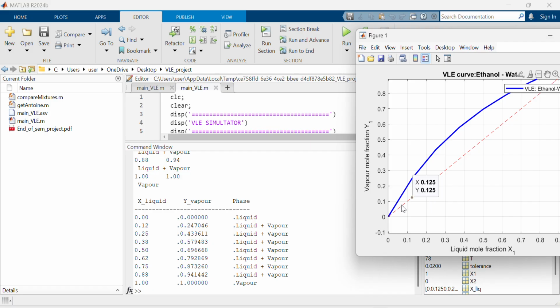Now, to conclude this, we chose this project because it combines key areas in chemical engineering, including thermodynamics, process analysis, and computational modeling. Vapor liquid equilibrium is a fundamental topic that plays a major role in many industrial processes, making it both important and practical to study.